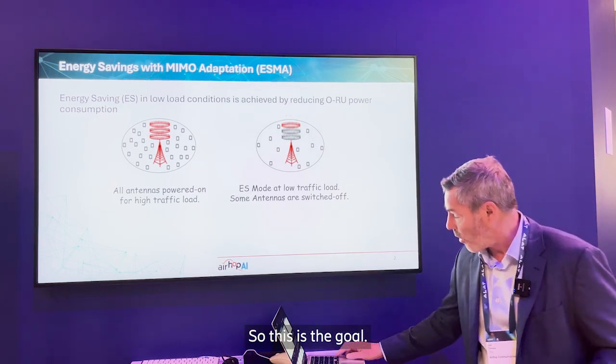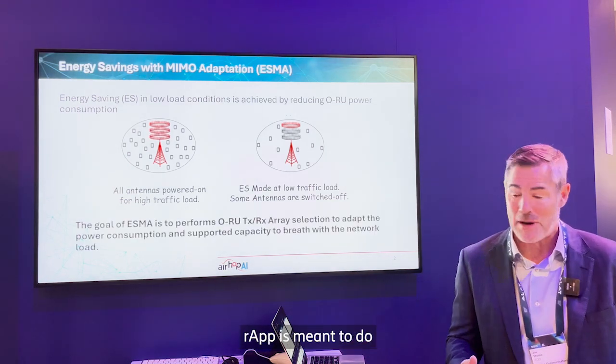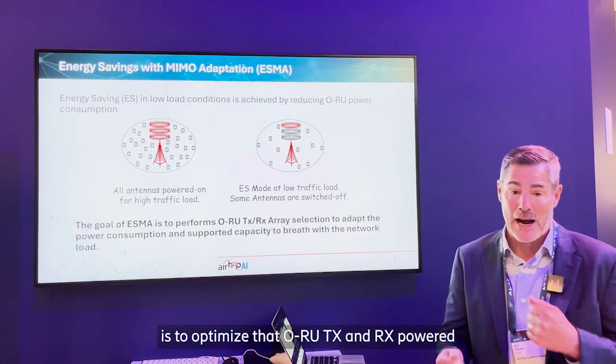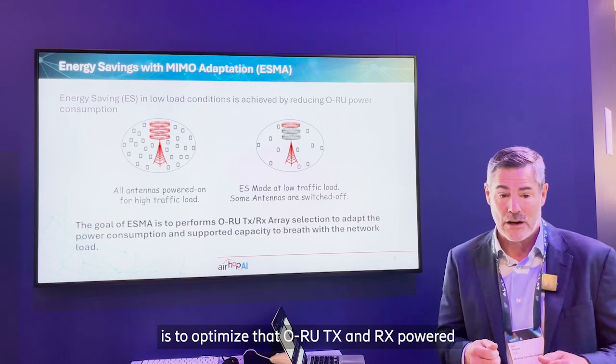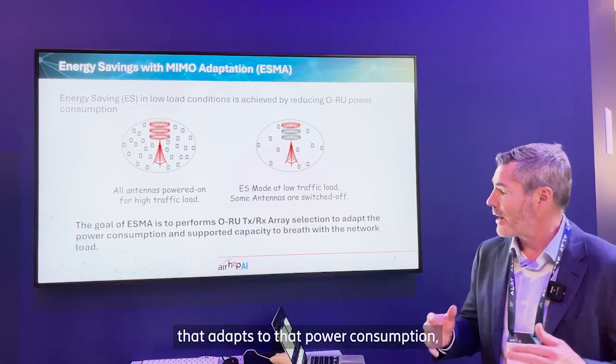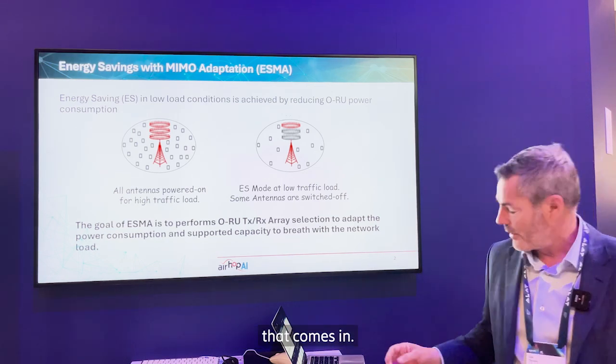So this is the goal, and what the energy savings rApp is meant to do is to optimize that ORU, TX, and RX power array of antennas in a way that adapts to that power consumption, essentially breathing in and out with the traffic load that comes in.